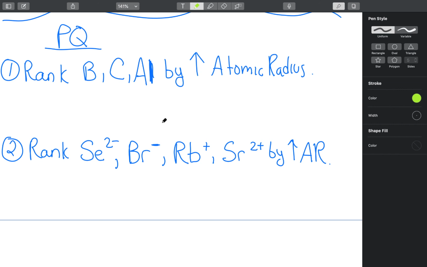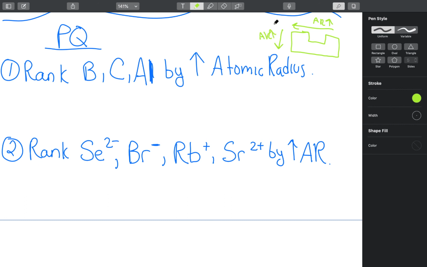So hopefully you did these practice questions and came back and are watching this now. So let's do this first one. Remember that atomic radius increases from right to left and from top down.